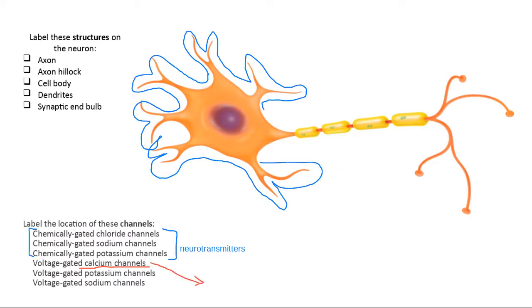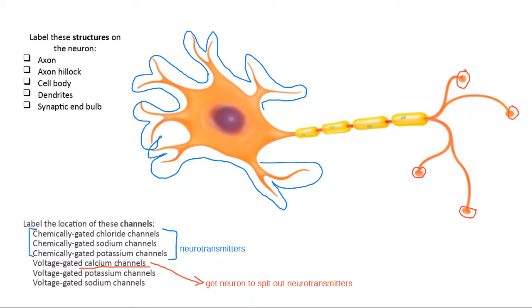The one goal in life of the voltage-gated calcium channels is to get the neuron to spit out neurotransmitters. The only place on my neuron where I'm spitting out neurotransmitters is down here at the axon terminals. So the only places you're going to find voltage-gated calcium channels are at the axon terminals.